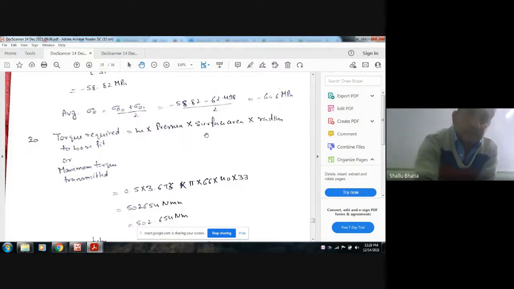So that is the frictional force, and the frictional torque will be that multiplied by radius.